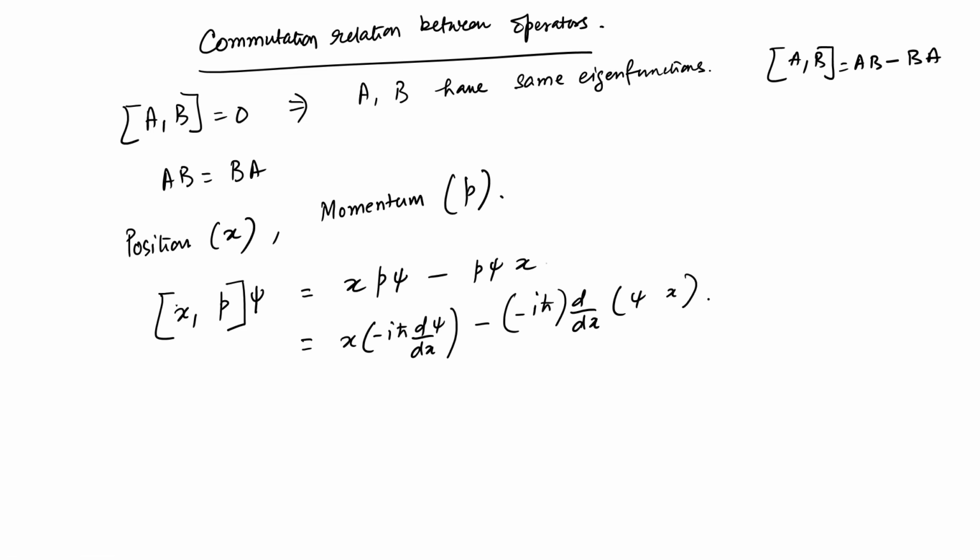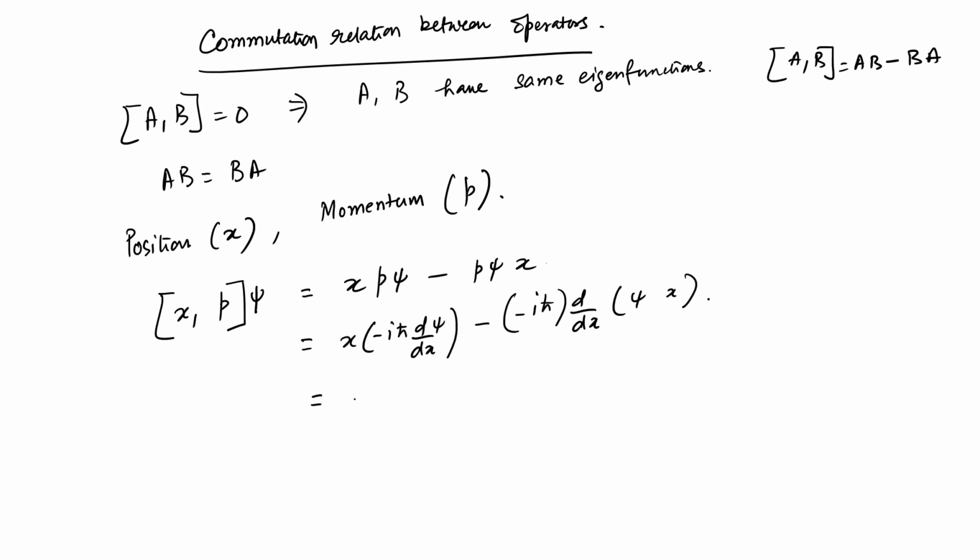So, in principle one should put a hat on this, as I said earlier, we are neglecting all these hats, but if you feel more comfortable denoting the operators explicitly for your own understanding, please go ahead and do that.